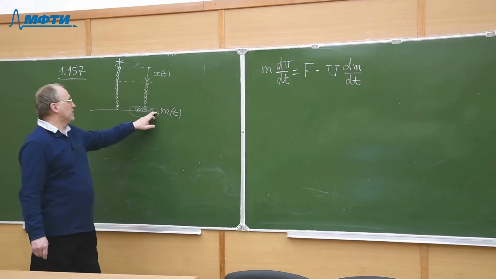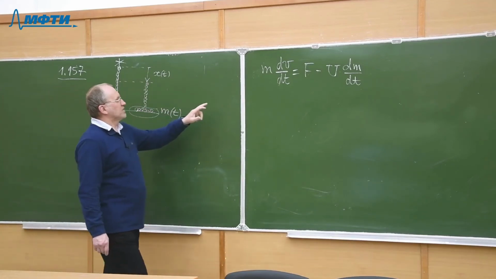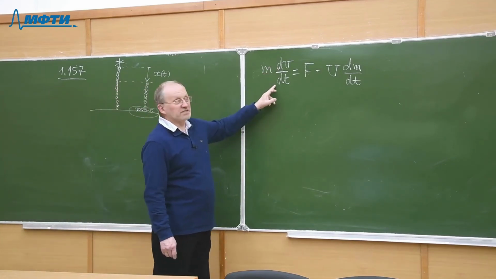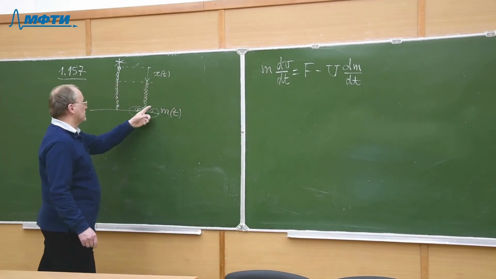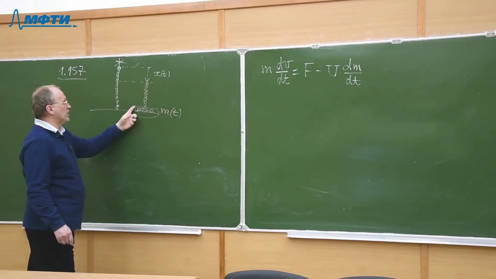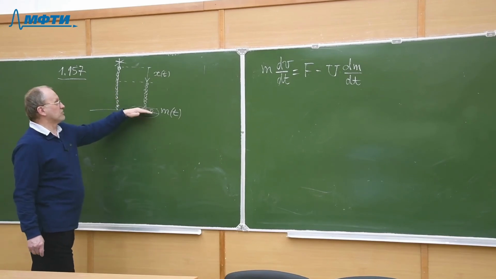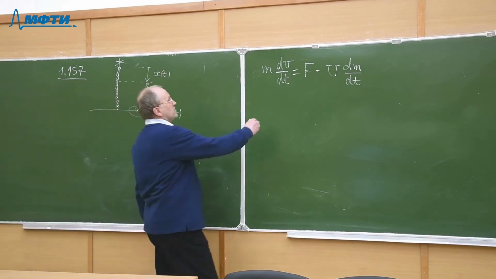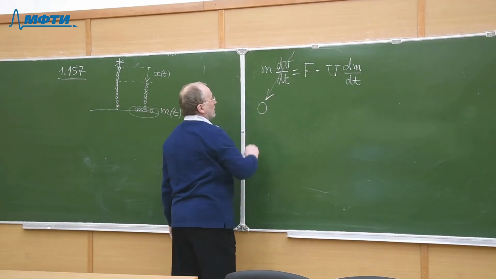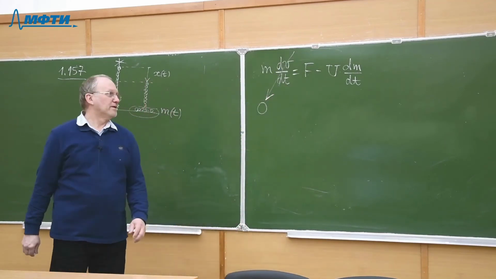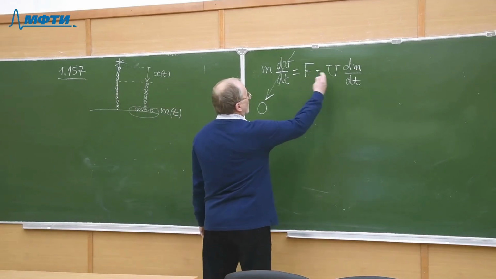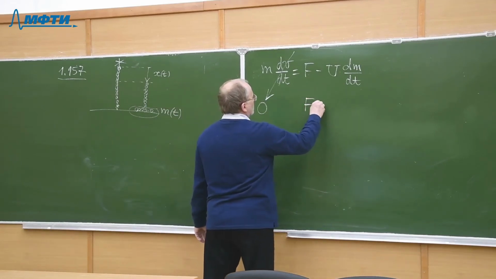This is the mass here. And what is the acceleration of this mass, dv/dt? The acceleration is 0 because this part of the chain rests on the table. Its velocity is 0 and its acceleration is 0. So this term will be 0 in this particular problem. And what remains from the Meshchersky equation?